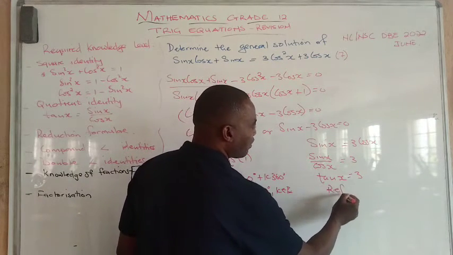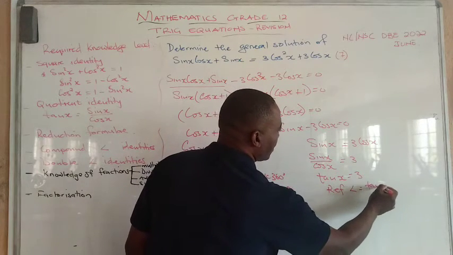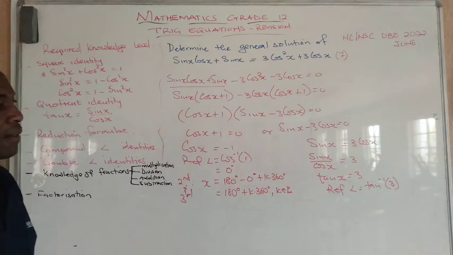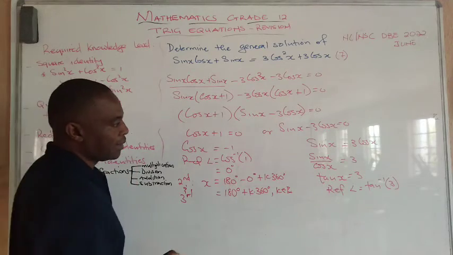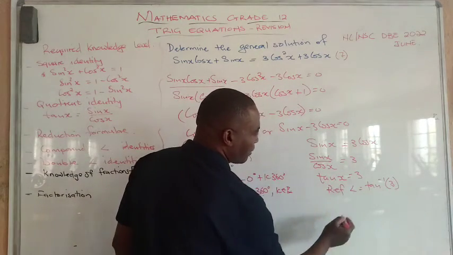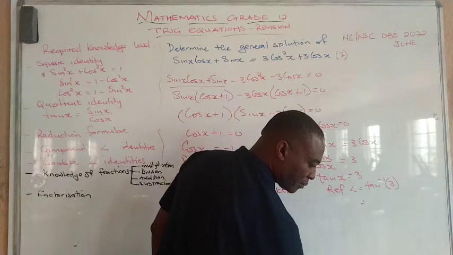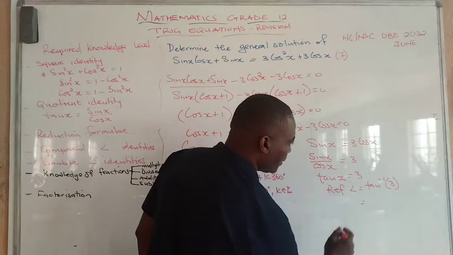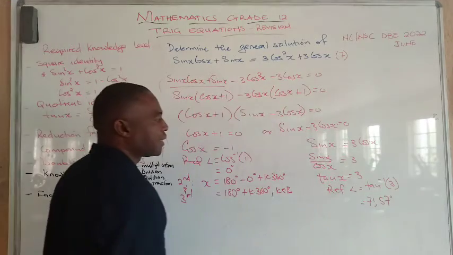Then we go for the ref angle, which is the inverse of tan, tan inverse of 3, which will give us 71.57 degrees.